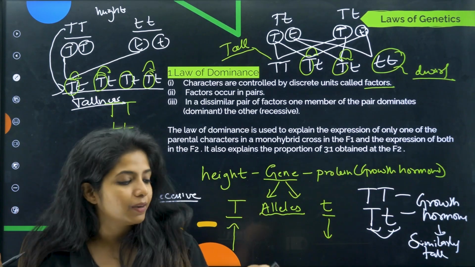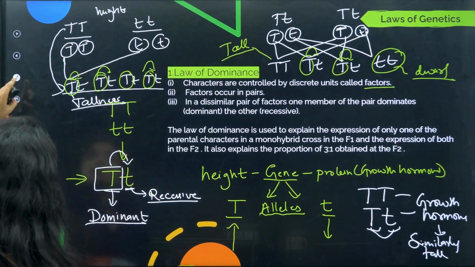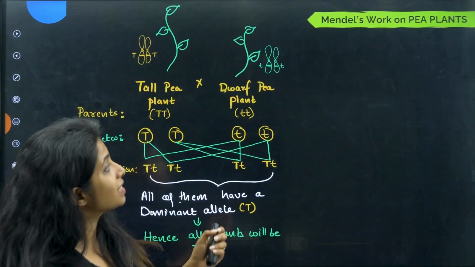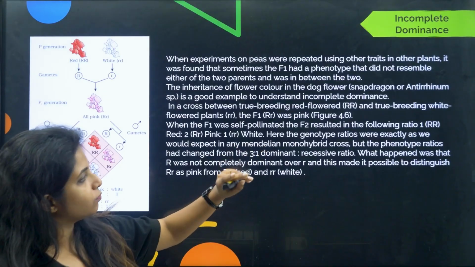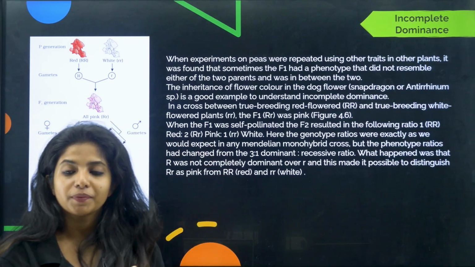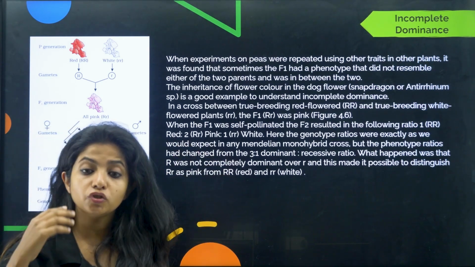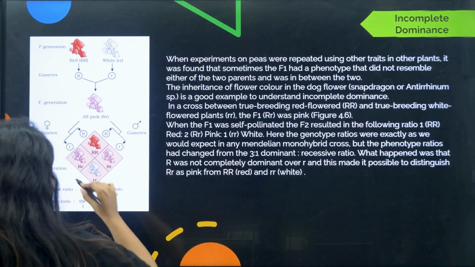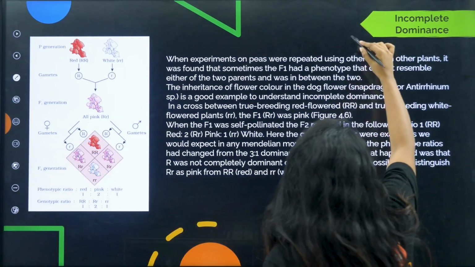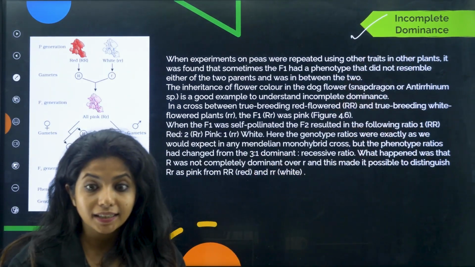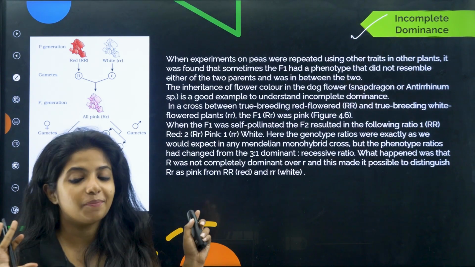But with time, things changed. There were certain exceptions that came along the way. I have written what I explained just before. With time, certain things came to light, and there are terms that also came to light, like incomplete dominance, as in something is not getting completely dominant.